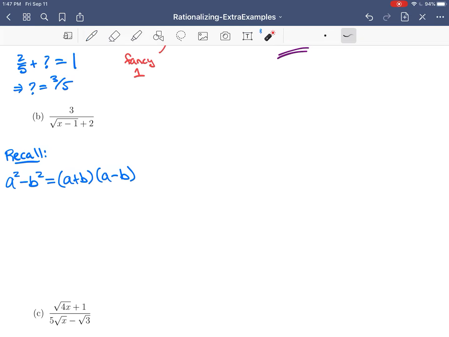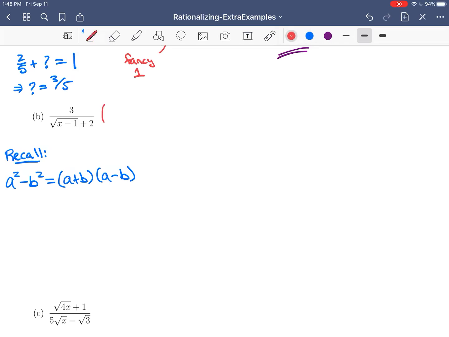Why this is useful is if we have one of these in the denominator, and either a or b has a square root, if I multiply by the other one, which we call the conjugate, I'm going to get a squared minus b squared. So if a has a square root or b has a square root, and I square it, the square roots are going to go away. So this is a nice way to eliminate square roots.